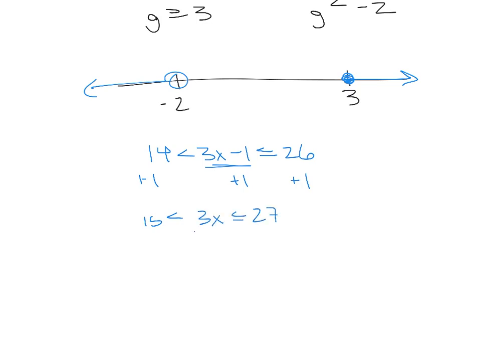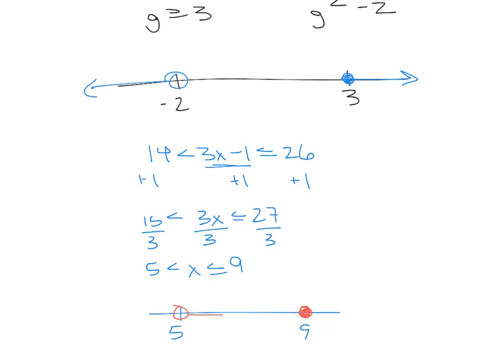Middle term again, solve for the variable. And you get 5 is less than x, which is less than or equal to 9. So you have this little number line here with a 5 and a 9. 5 is open, 9 is filled in, and it's between the two.